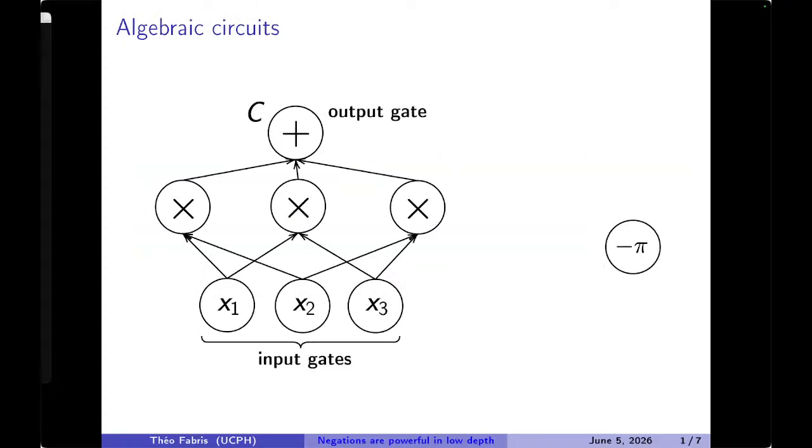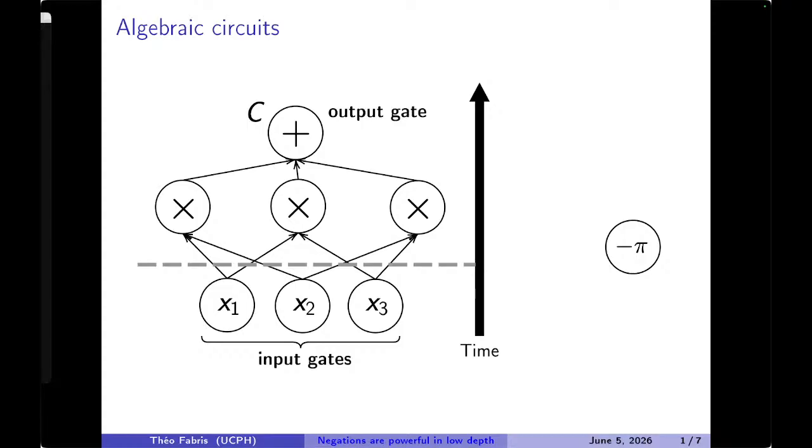The main model of computation that we're going to consider today is algebraic circuits, which we have been seeing since the last day, so I'm going to go over it very quickly. An algebraic circuit is just a directed acyclic graph, a DAG, where you put labels on your nodes and compute polynomials in the natural way.